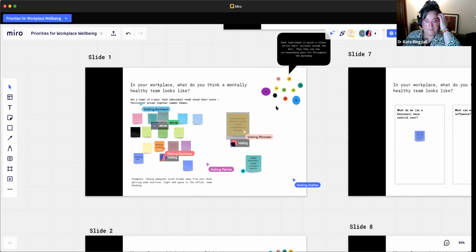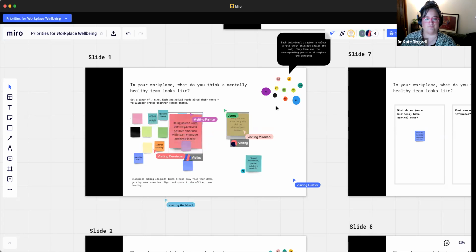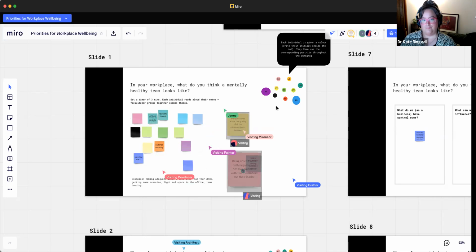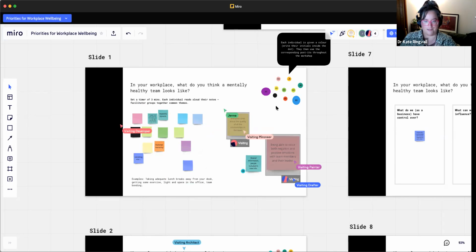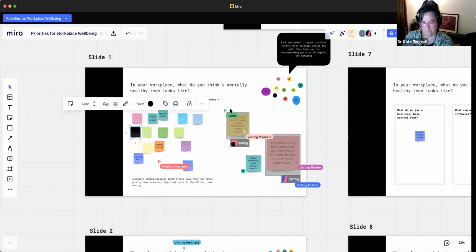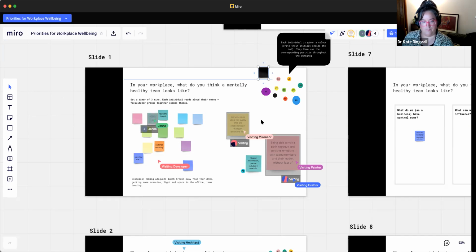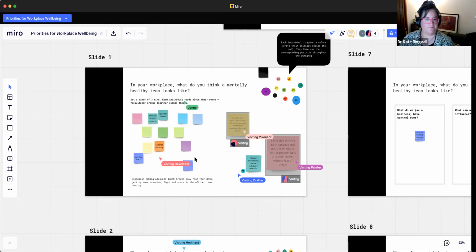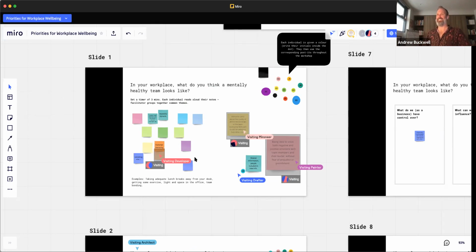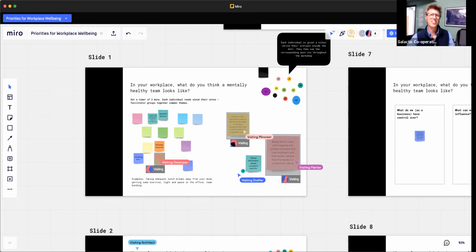Excellent work. Shift your post-it note around that little slide. It doesn't have to be, because we've got more post-it notes than we need, and probably get rid of some of them. How are we going for time, Kate? Might be on mute. Yeah, I worked it out. You've got 30 seconds.